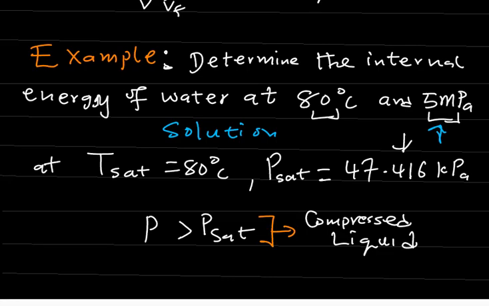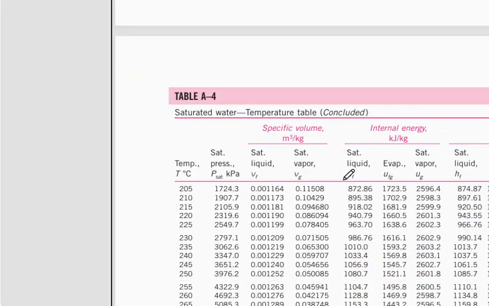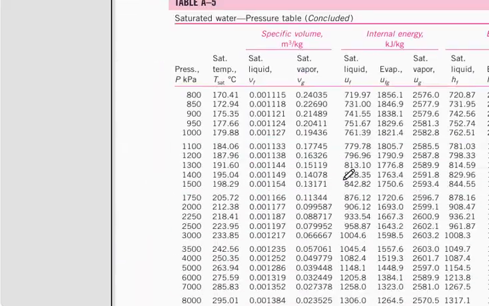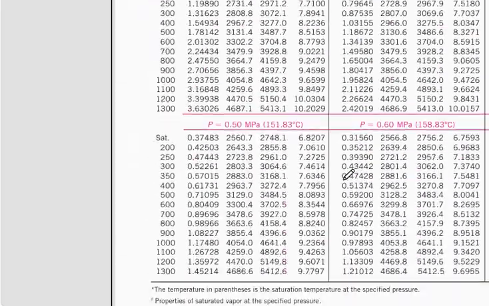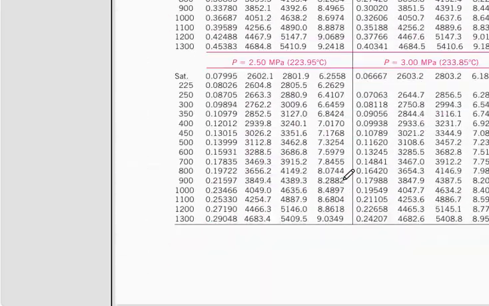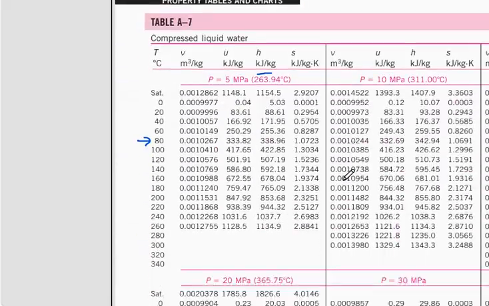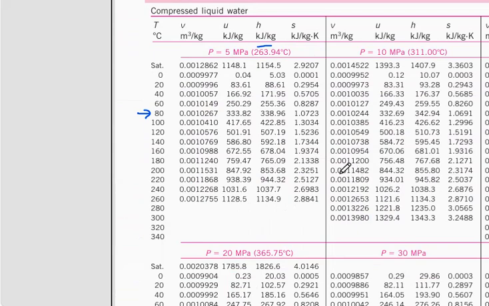So the internal energy, we are going to read it from the compressed liquid table. Let's check the compressed liquid table for a temperature of 80.